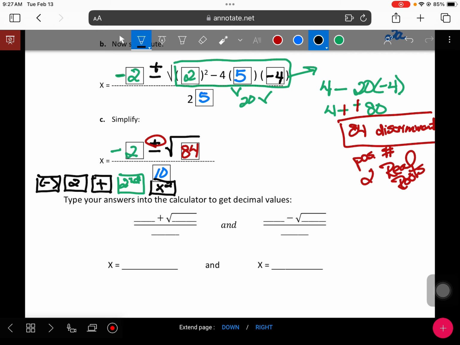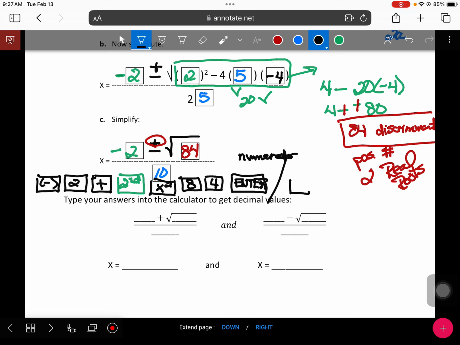We're taking the square root of 84, so you would press 8, and then 4, and this is very important. Then you hit enter, because you want to see what is the answer that you get for the numerator. Now, it's still going to be in square root form, okay? But you have to hit enter there.